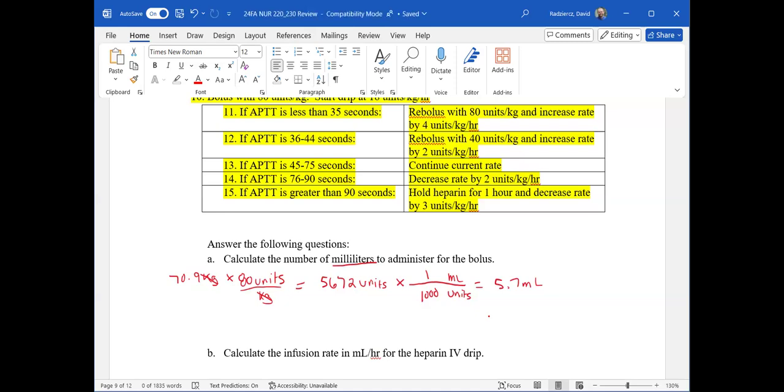If you're given the standard weight-based protocol, which I think you will be, the only thing that really changes in the setup of this question is the patient's weight. Do they weigh 80 kilograms? Do they weigh 30 kilograms? Do they weigh 90 kilograms? That's really the only thing that changes.